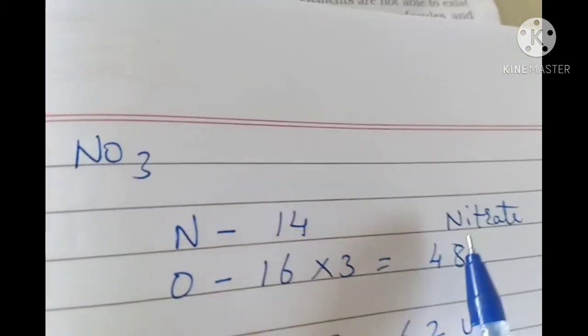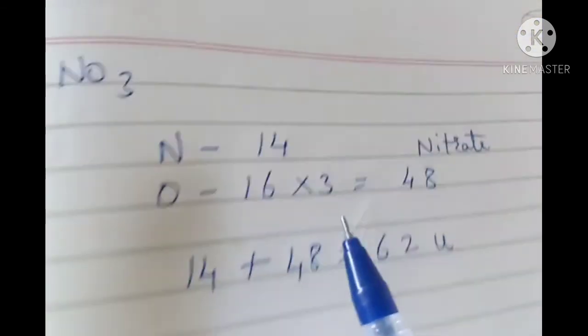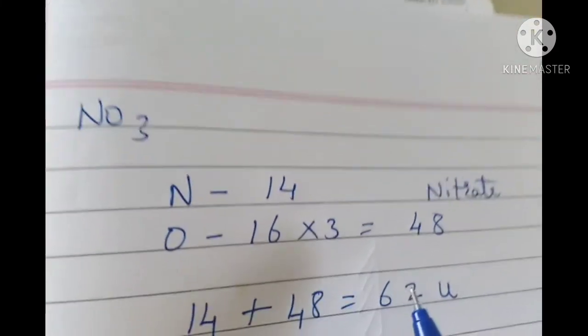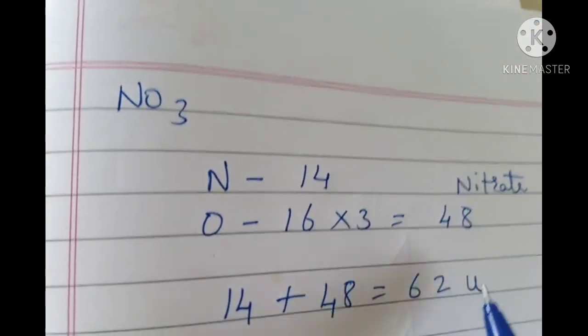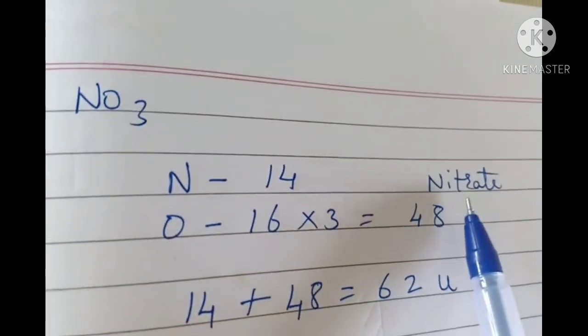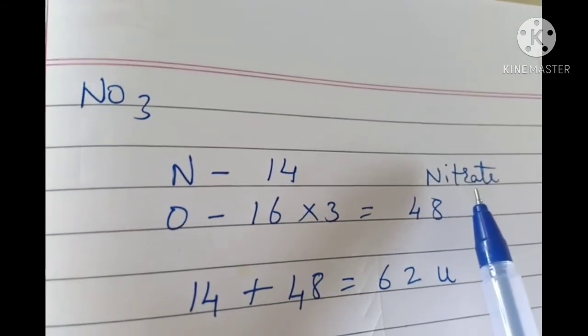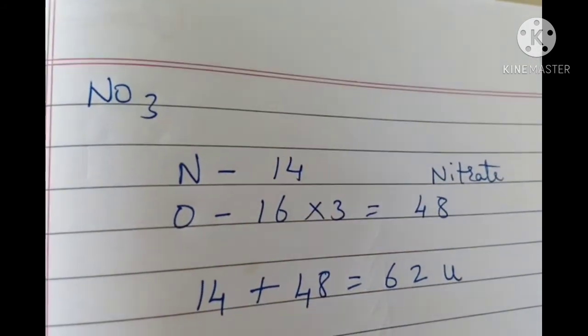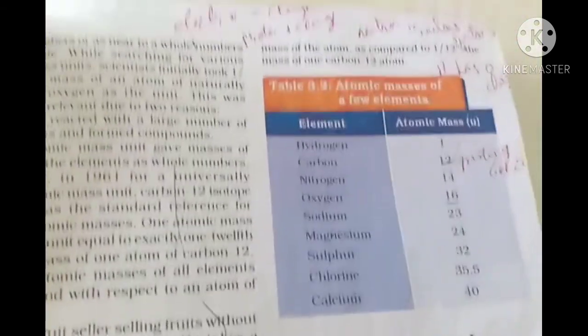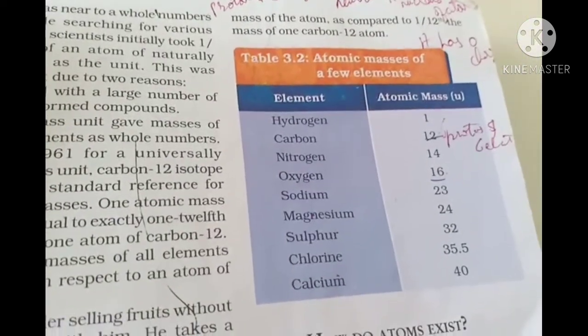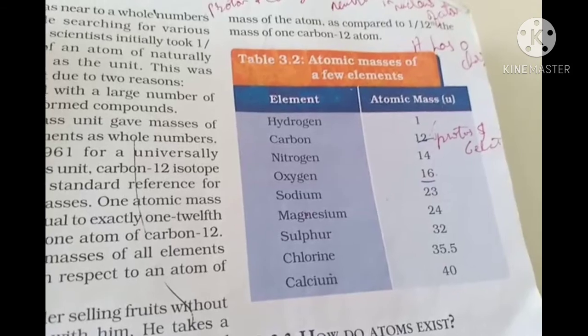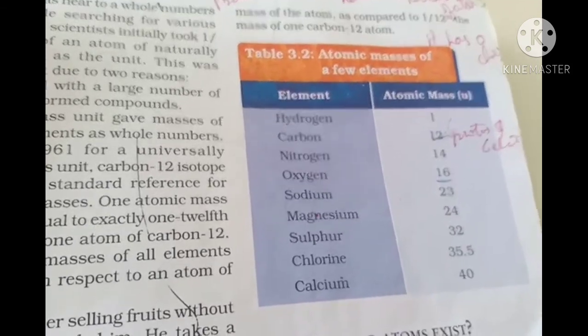So 16 times 3 we get 48, and N is 14. Now we will do simple addition. So we get 62 mu. NO3 stands for nitrate. So this is the way the molecular mass is calculated. But you have to revise this again and again by solving the numericals so that you learn the atomic masses properly.